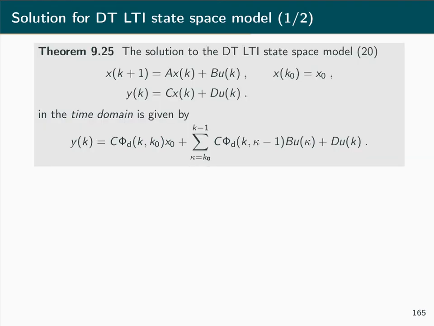Analogously to the continuous time case, we can now extend the results of the discrete time LTI autonomous system to the discrete time LTI state space model, whose solution in the time domain is given by this formula, which consists of two parts, both of them containing the discrete time fundamental matrix Phi d, and the first one depending on the initial condition of the system x naught, and the second one depending on the control inputs u of k.